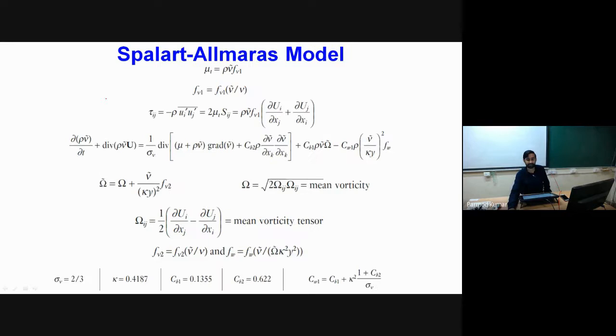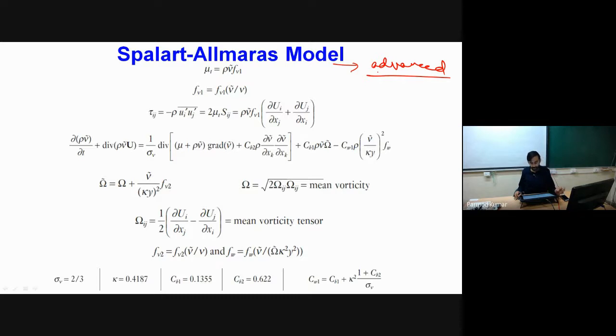Okay. Then there is one more model which is called the Spalart-Allmaras model. So Spalart-Allmaras is nothing but an advanced turbulence model. This model is given as a modification to the Reynolds stress model. The Reynolds stress model was working fine, but one major issue with it was that it was computationally expensive.